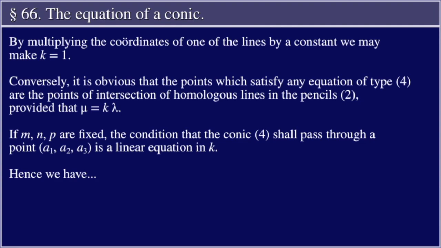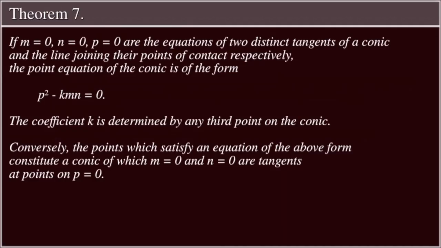If m and p are fixed, the condition that the conic 4 shall pass through a point a1, a2, a3 is a linear equation in k, and hence we have Theorem 7. If m = 0, n = 0, and p = 0 are the equations of two distinct tangents of a conic and the line joining their points of contact respectively, the point equation of the conic is of the form p² − kmn = 0.